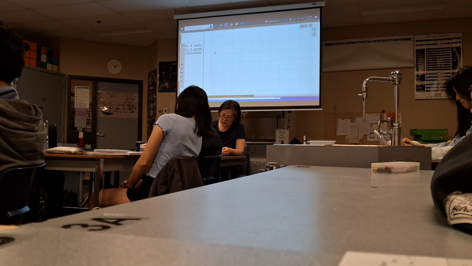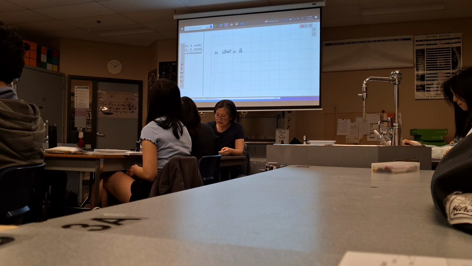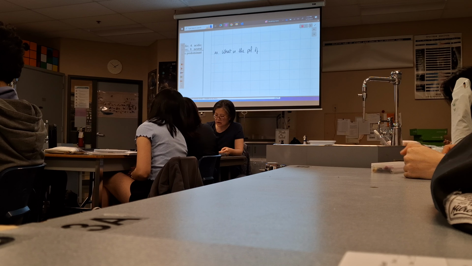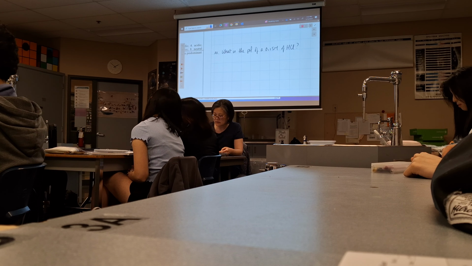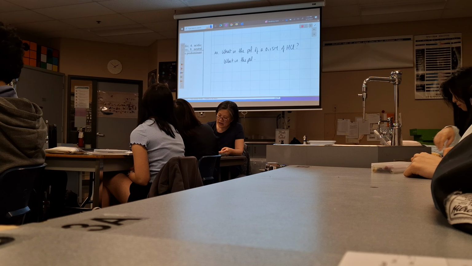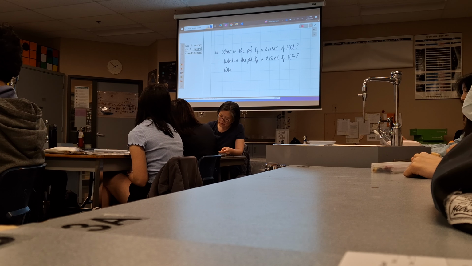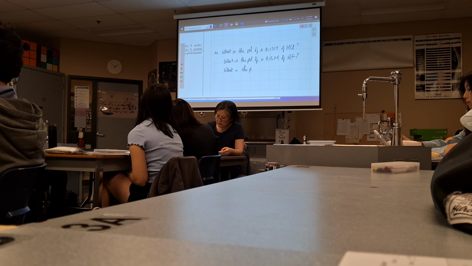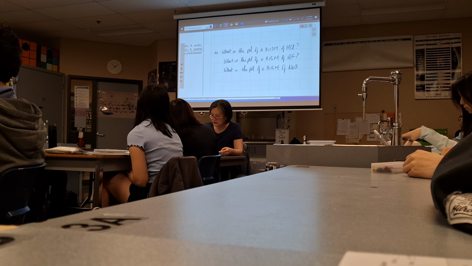What if I said, what is the pH of a 0.15 molar of HCl versus what is the pH of a 0.15 molar of HF? What is the pH of a 0.15 molar of NaOH?